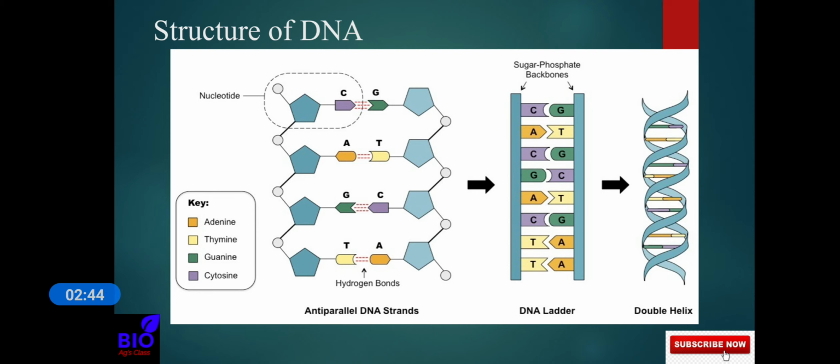DNA stands for deoxyribonucleic acid. As I said, it's a nucleic acid, which is a molecule that contains the instructions an organism needs to develop, live, and reproduce. These instructions are found inside every cell and are passed down from parents to their children.